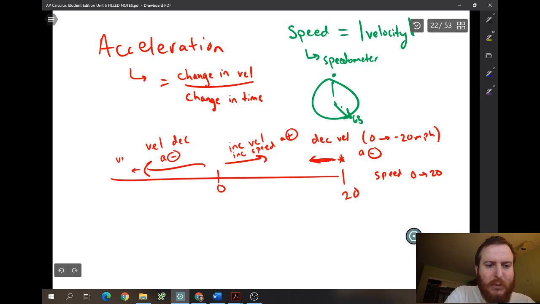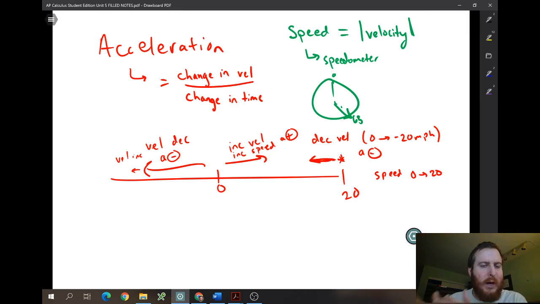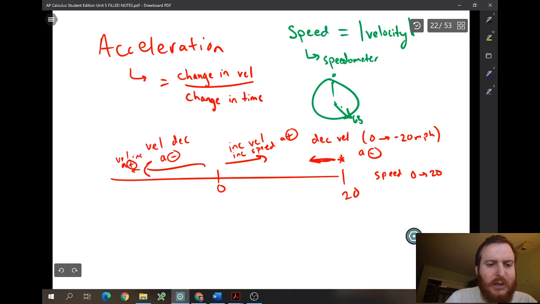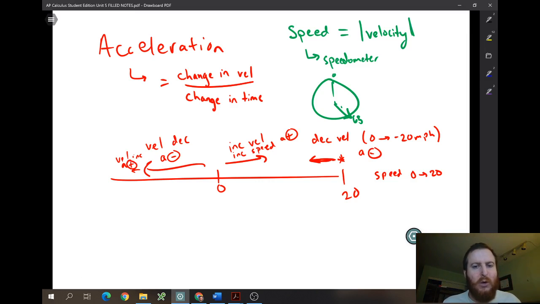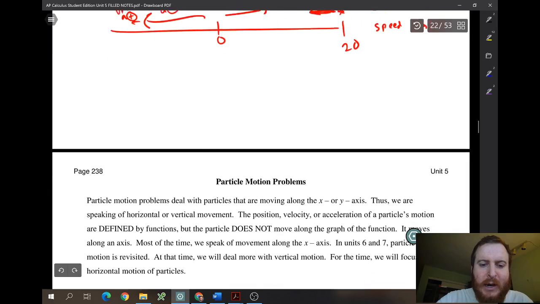Now my velocity would be increasing even though I'm going backwards, because I might be going negative 20 miles per hour, negative 10 miles per hour, negative 5 miles per hour, 0 miles per hour. And so I'm hitting the brake, and so my velocity is increasing, my acceleration is positive. That's all a little bit weird. If that's a lot for you to take in, maybe try rewinding and watching this one more time. And the more we practice it, the better we're going to get at this.